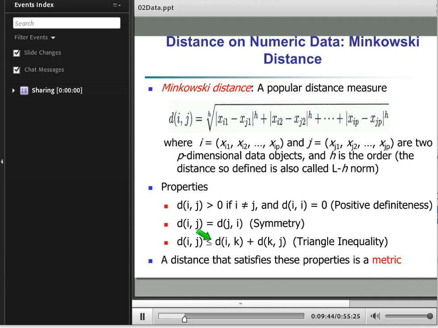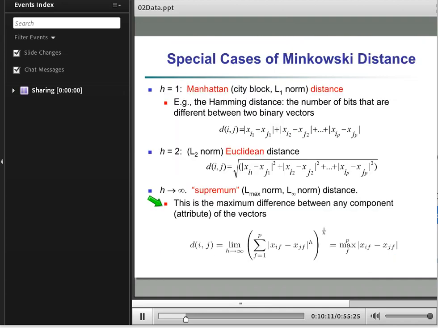Also, the distance between i and j is equal to the distance between j and i, and the third property is that the distance between i and j is smaller than or equal to the distance between i and k plus the distance between k and j. This is the triangle inequality. These three items are properties of Minkowski distance.